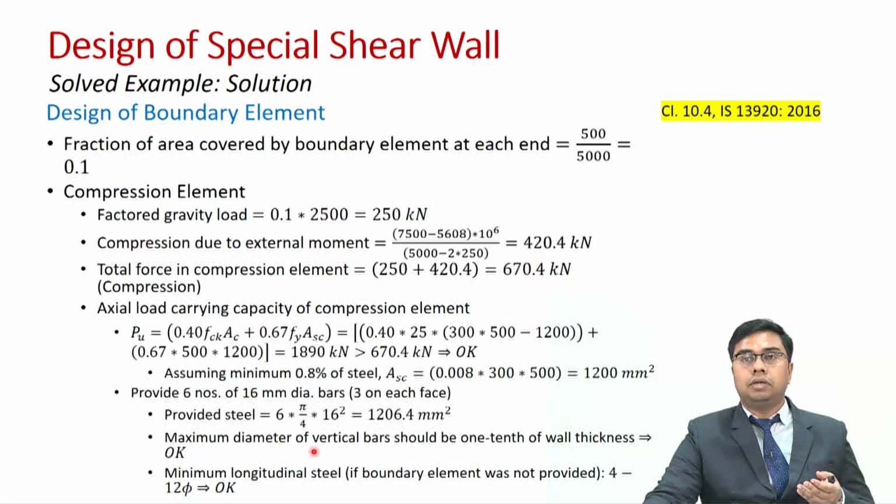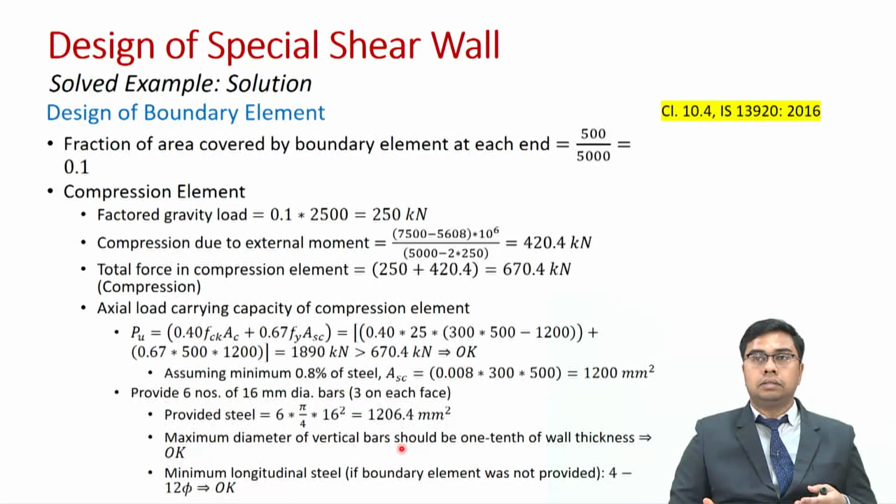So the maximum diameter of vertical bars should be 1/10 of the wall thickness. The wall thickness is 300 millimeters, so you can use bars which have diameter up to 30 millimeter. Since we are using 16 mm dia bars, it is completely alright.